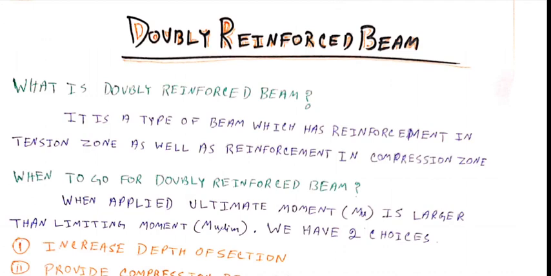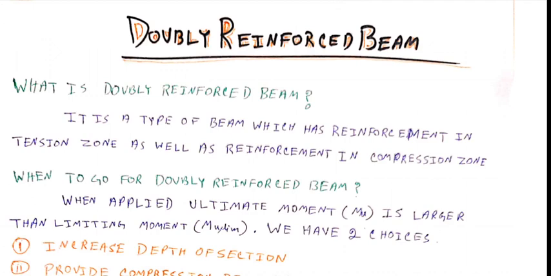But in that case also, we have provided reinforcement in the upper portion, but just as anchor, to make the mesh, to bind up the stirrup. There is no other purpose.